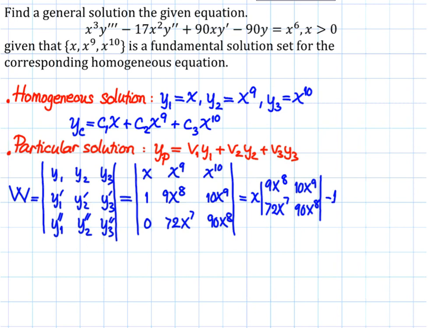We evaluate along the first column, and for the submatrix, when we cover the row and column containing 1, we're left with the 2 by 2 submatrix of x to the 9, x to the 10, 72x to the 7, 90x to the 8.